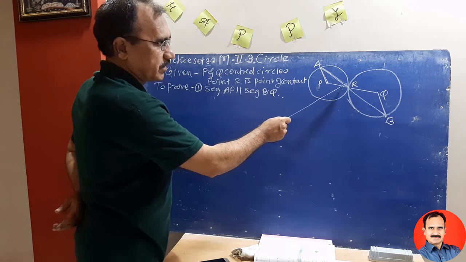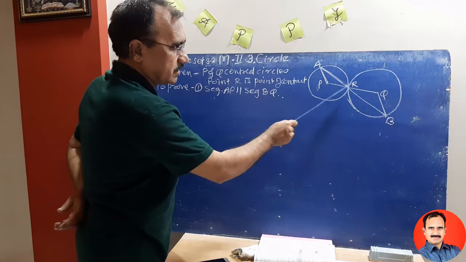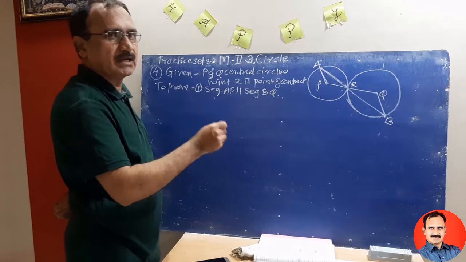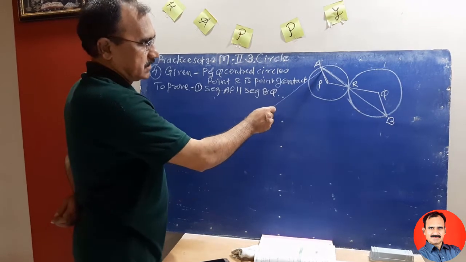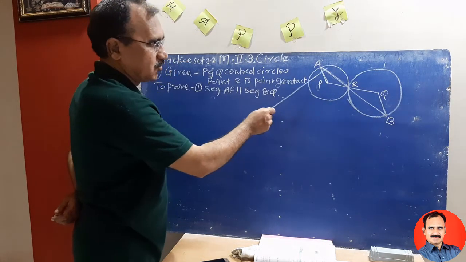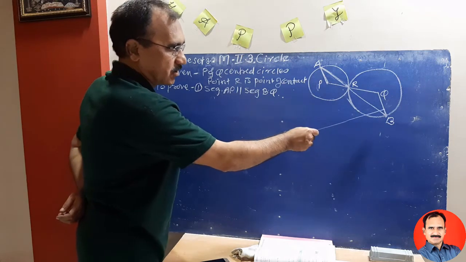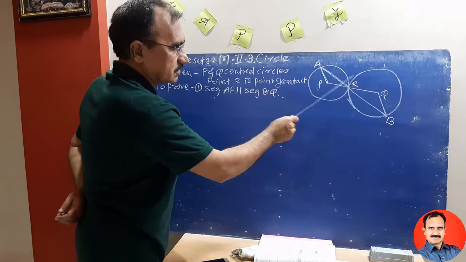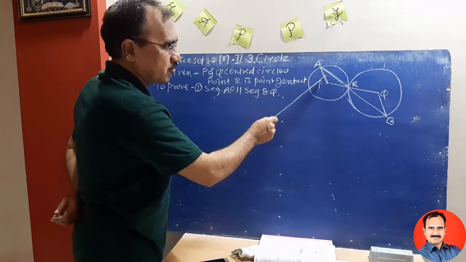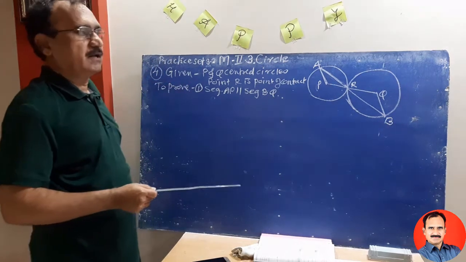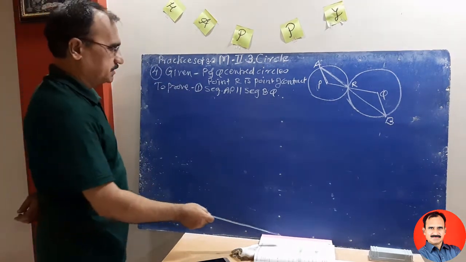These two angles are also congruent because they are vertically opposite angles. This is equal to this equal to this equal to this, and therefore the first angle is congruent to this angle, and these are the alternate angles, and therefore AP is parallel to QB. By the alternate angle test we can prove this statement here.